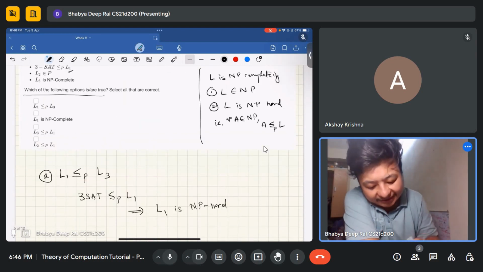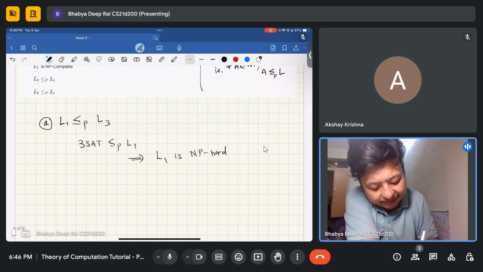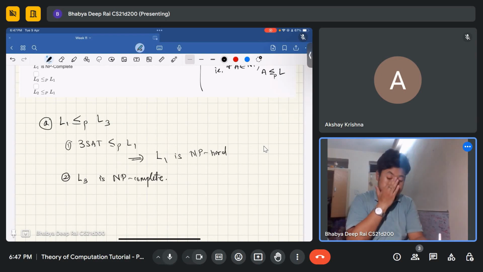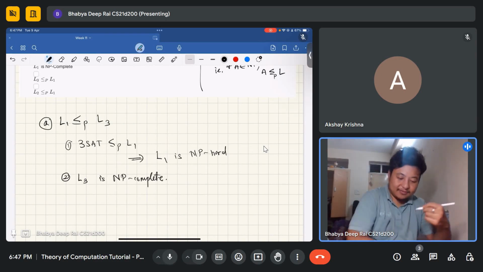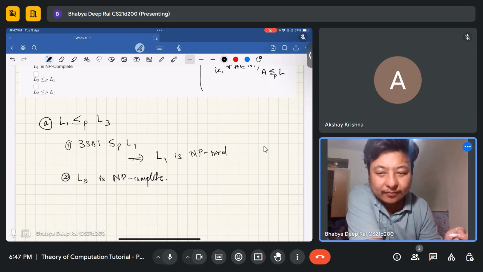L1 is NP-hard. Next, what are we saying? L3 is NP-complete, so L3 is in NP. Is this enough to say L1 reduces to L3? No, right?